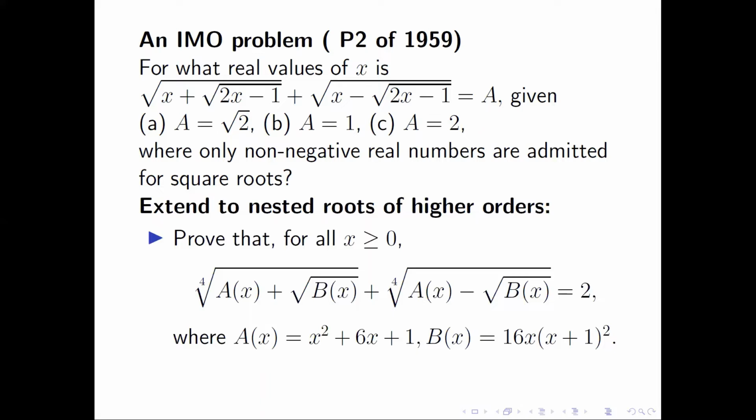We can even extend to higher order problems, like this one, a 4th order of cubic root a(x) plus square root of b(x) and so on equals 2, where a(x) equals x squared plus 6x plus 1, b(x) equals 16 times (x plus 1) squared.